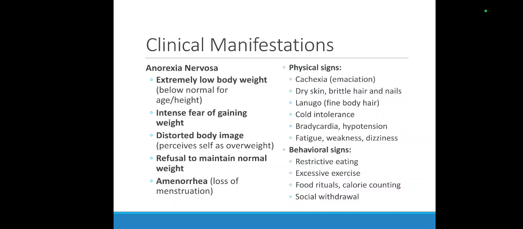For your physical signs may include cachexia or emaciation, dry skin, brittle hair and nails, lanugo or fine body hair. This is actually common and can be seen in a baby. However, if the patient experiences that, it's because of poor nutrition. And then we have cold intolerance, bradycardia, hypotension, fatigue and weakness and dizziness.